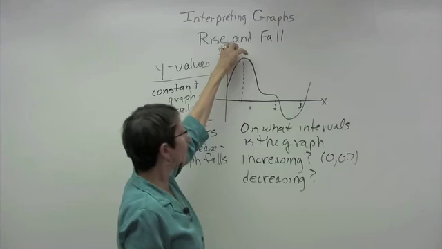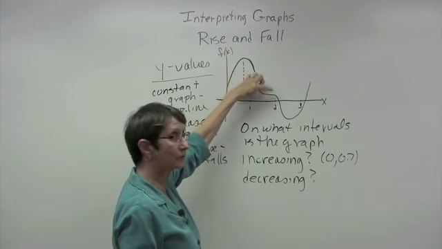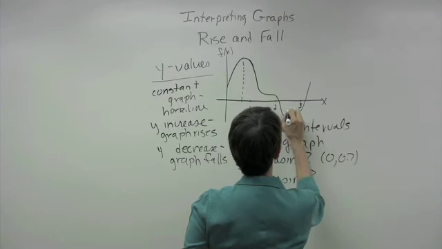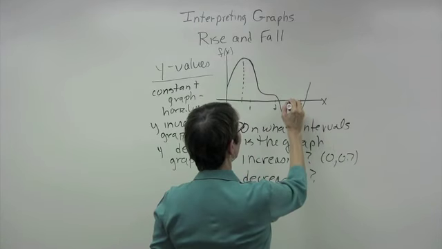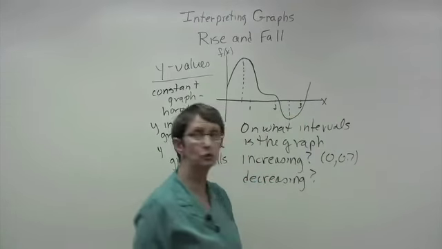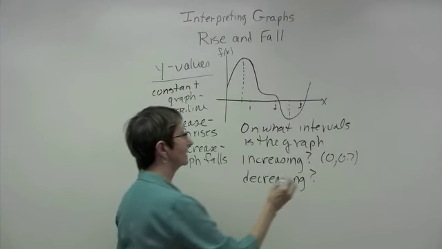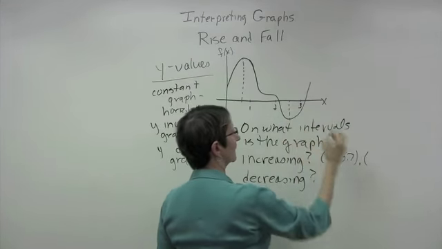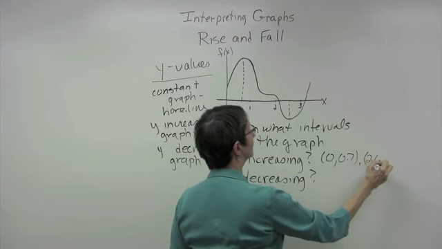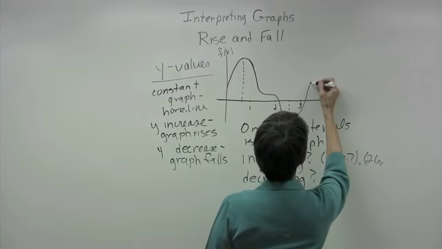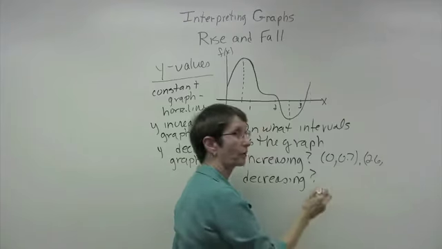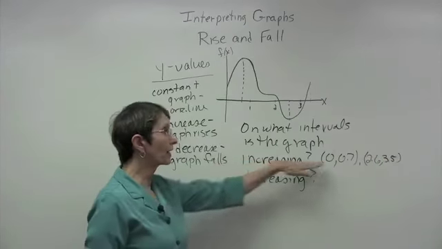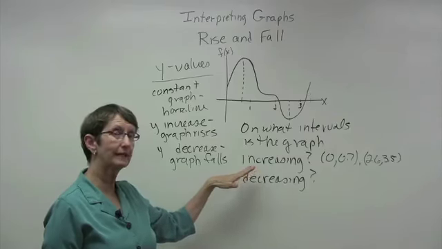And then from there, the graph falls, decreases down to about this point, which looks like it might actually be pretty much 2.5, maybe 2.6. So it also increases from 2.6 to wherever this ends over here, which is about 3.5. So that's where the graph is increasing.